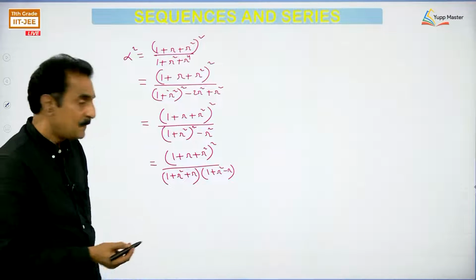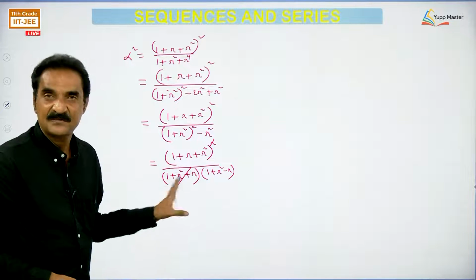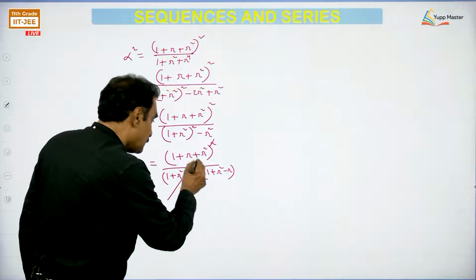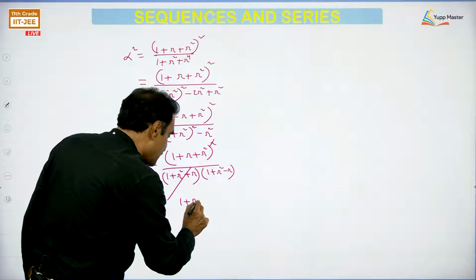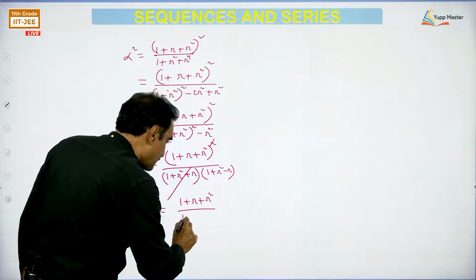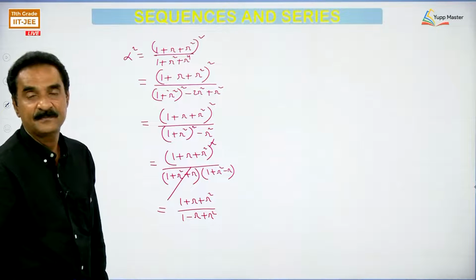What happens now? Common factor is there, that will cancel. 1 plus r square will cancel. So alpha square is 1 plus r square upon, this can be written as 1 minus r plus r square.